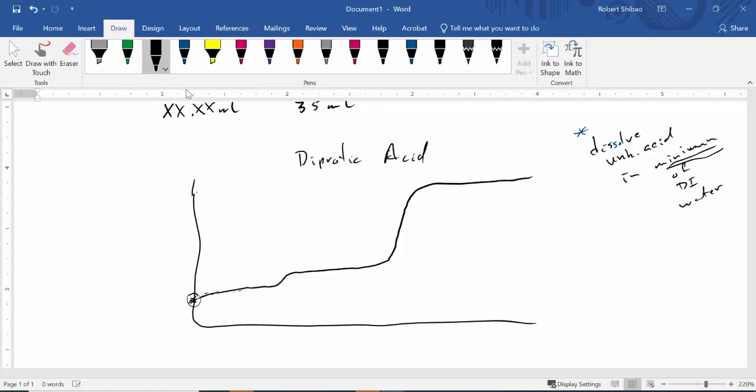So this is the behavior of pH. The first wave is what we call the first equivalence point, and the second wave is going to be the second equivalence point.